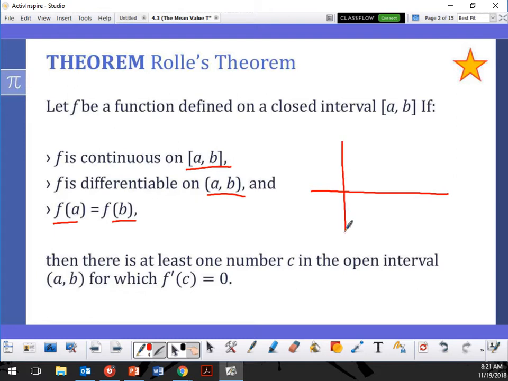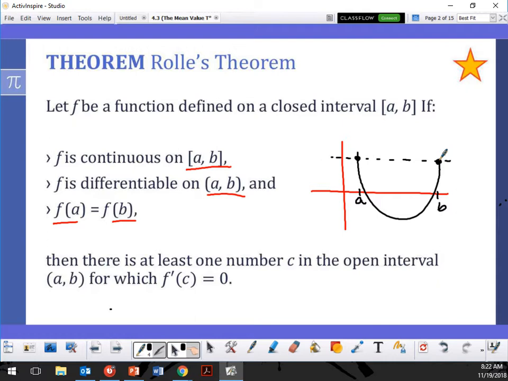Now, if you think about it like this, we'll sketch my graph right here. I'll even change up colors. So f of a is equal to f of b, right?